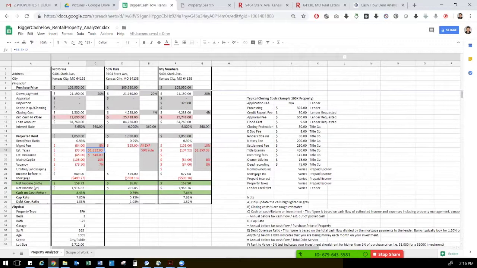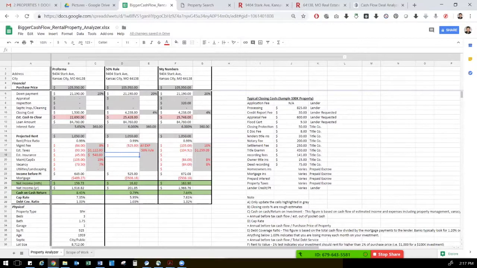And if one property was assessed at $600, and another property in the same neighborhood was assessed at $1,200, you're going to lose $600 more of cash flow each year. But because they're both renting it out at $1,000 a pop, if you take 50% of that, that's going to be very different from property A and property B. So you want to be very mindful of that and always go for the actuals.